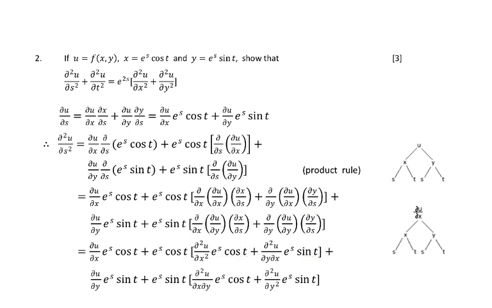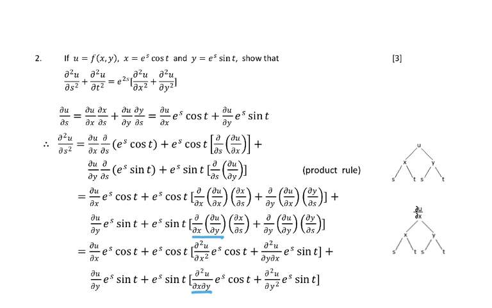Let's also have a look at the partial derivatives in the second line. If we start with the partial derivative of du/dy with respect to x, we get this mixed second order partial derivative, first with respect to y and then with respect to x.